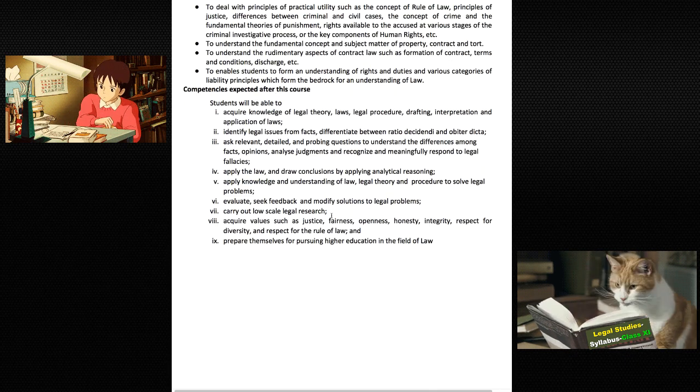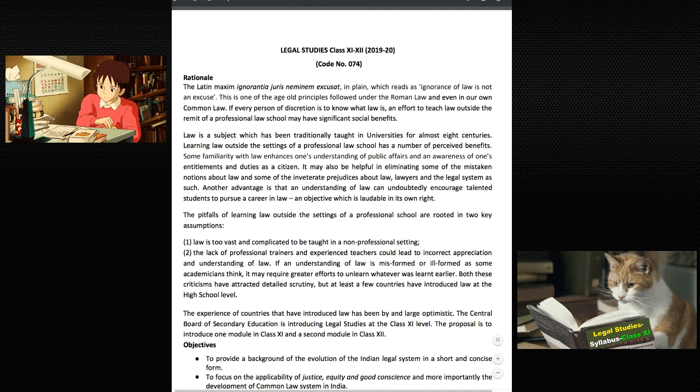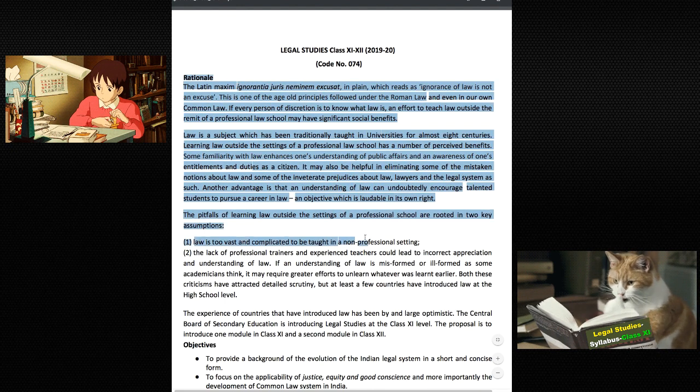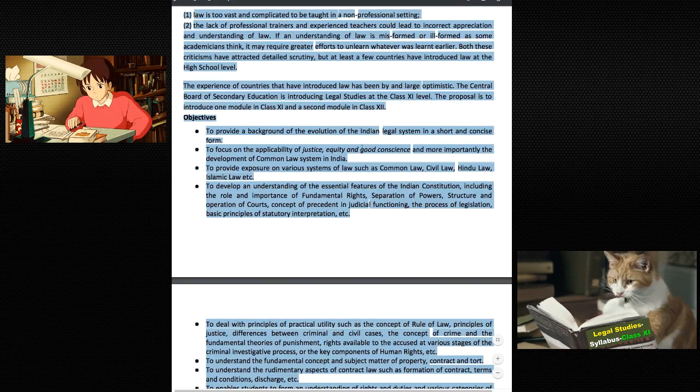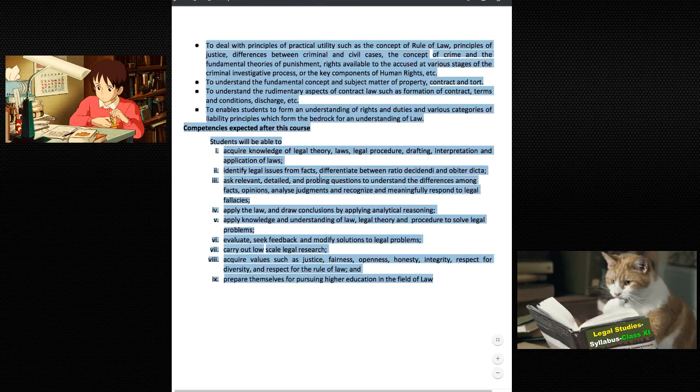It will help you because this is the first time you are facing this kind of information or subject. So before starting, I request you all to go through these two pages, and then start your study of this subject because it will help you a lot.